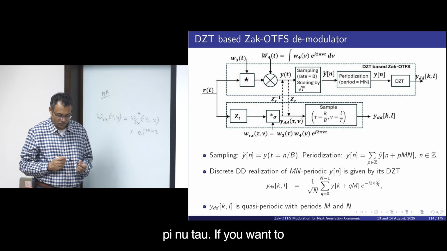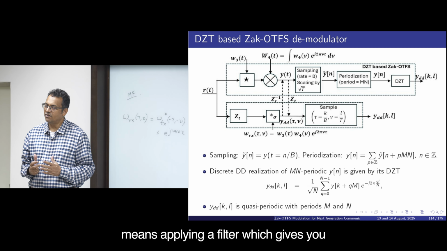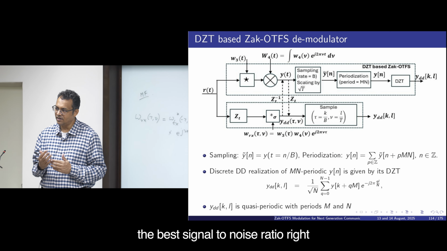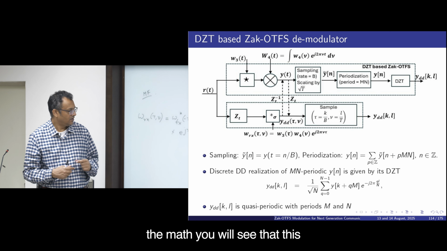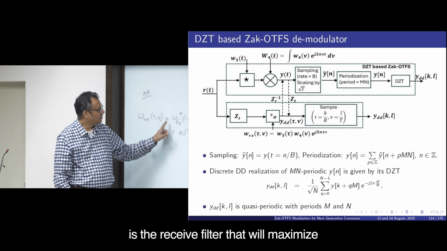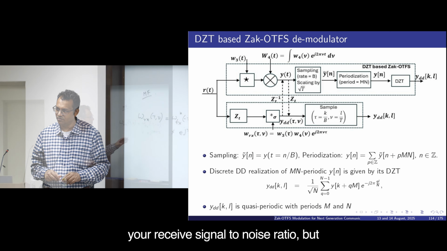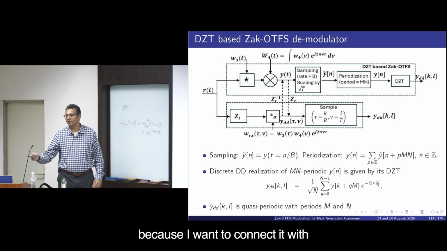Matched filtering basically means applying a filter which gives you the best, the maximum possible, signal to noise ratio. When you do the math, you will see that this is the receive filter that will maximize your receive signal to noise ratio.